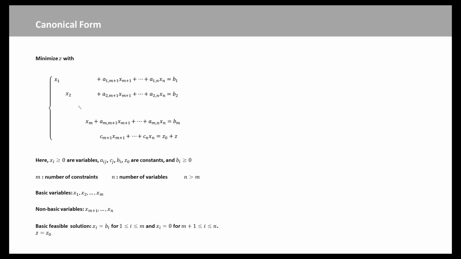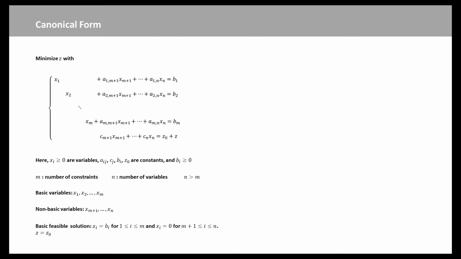We have that m is the number of constraints, n is the number of variables. We assume n is strictly bigger than m. For the canonical form, we just relabel the variables such that the first m of them are basic variables, and the remaining are non-basic.